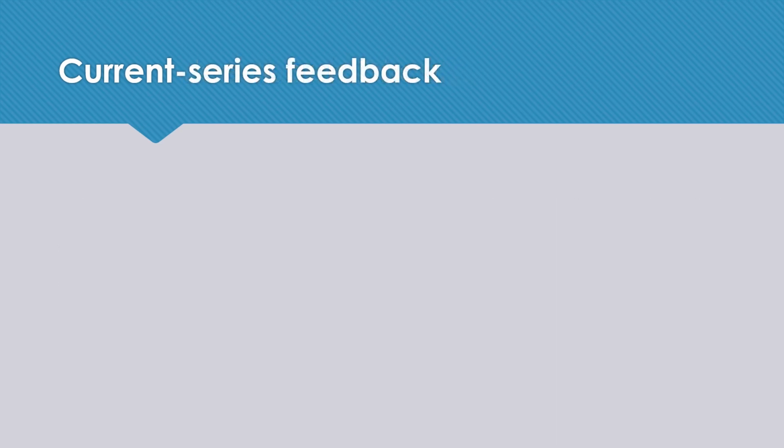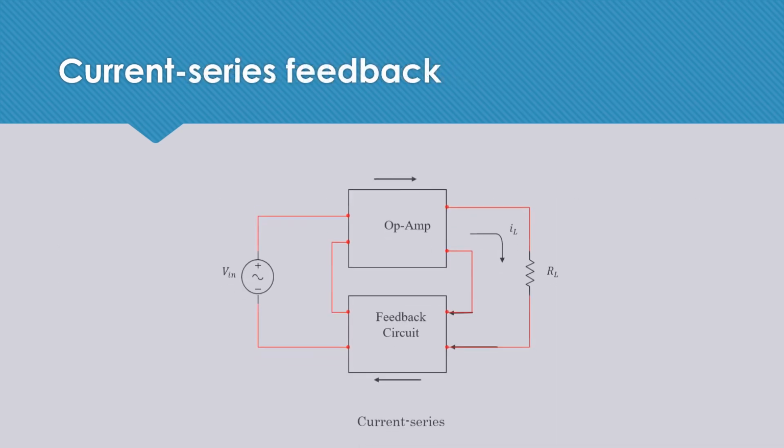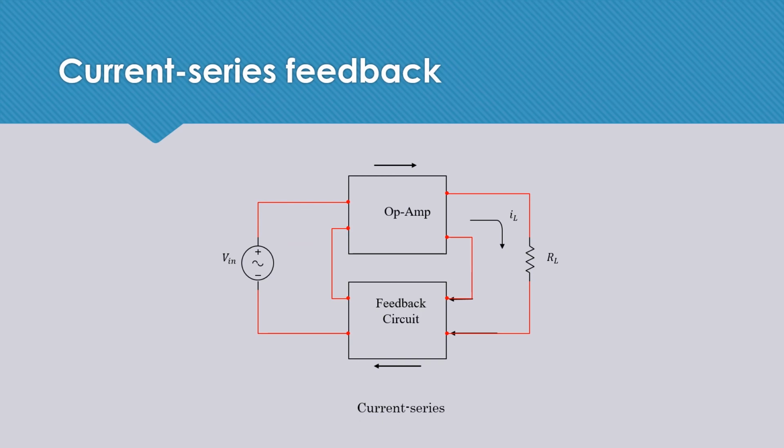So this is the current series feedback configuration. The arrows show the direction of flow of the signal. This is the forward path, op-amp, and the backward path, feedback circuit. Vin is the input voltage and IL, the load current, is being fed to this feedback circuit as input.